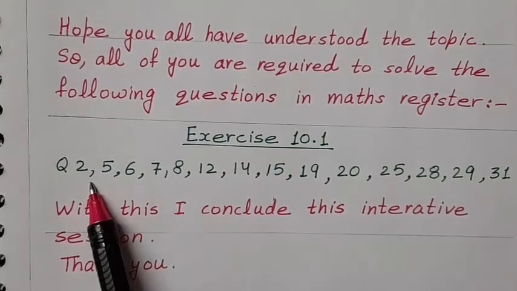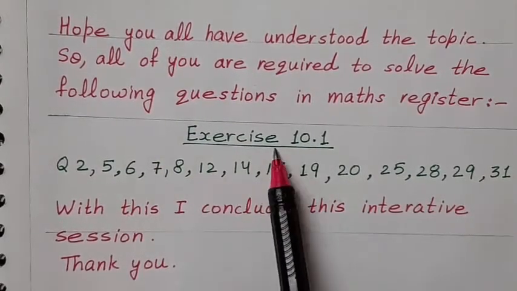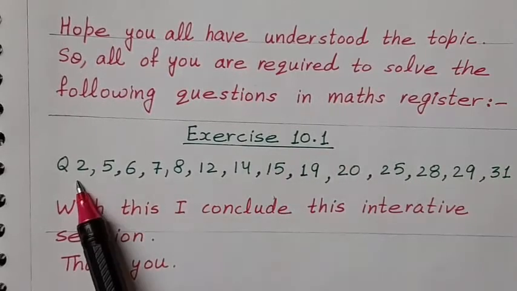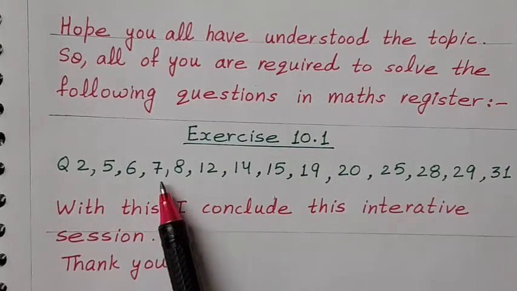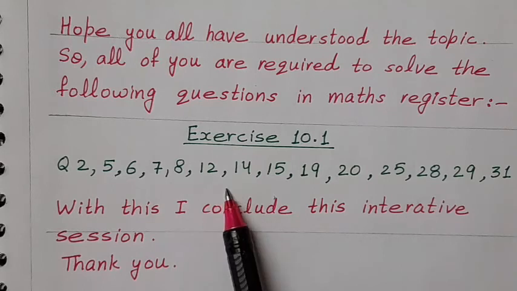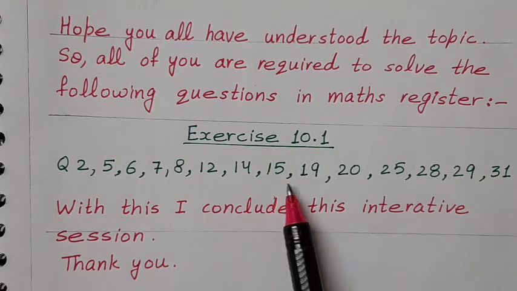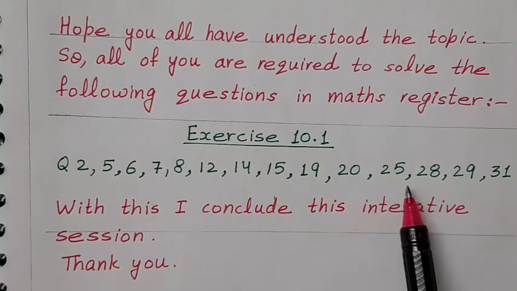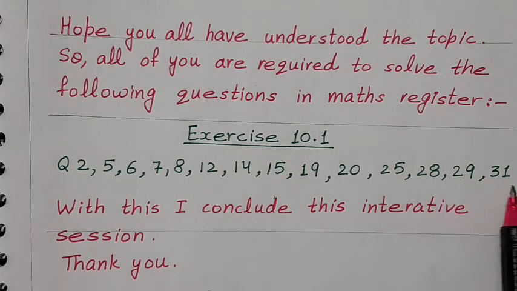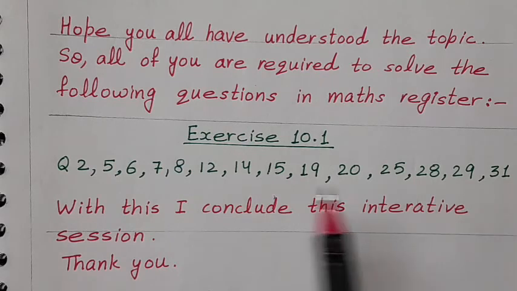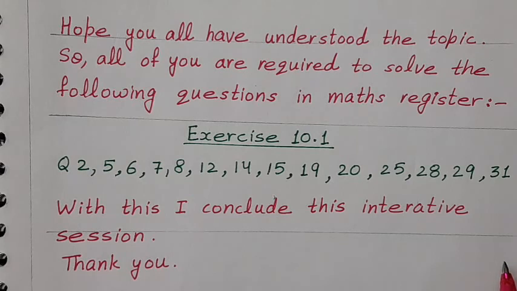So, the questions are exercise 10.1, question number 2, 5, 6, 7, 8, 12, 14, 15, 19, 20, 25, 28, 29 and 31. Clear? Students, all the questions which are marked in the exercise are supposed to do. Clear? And all the questions which are crossed, you can leave those questions.